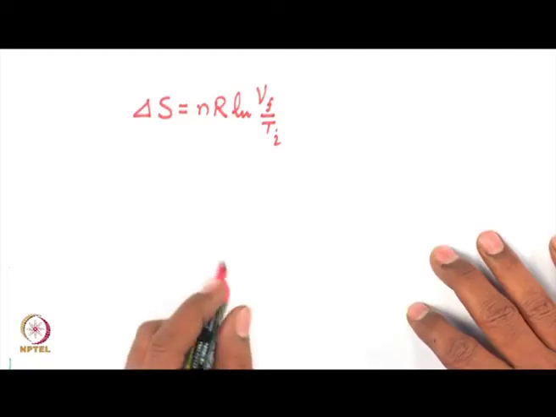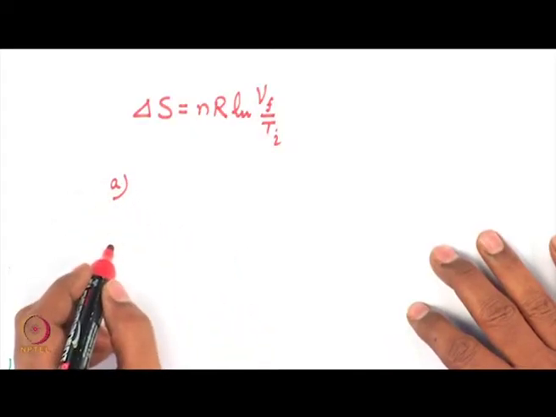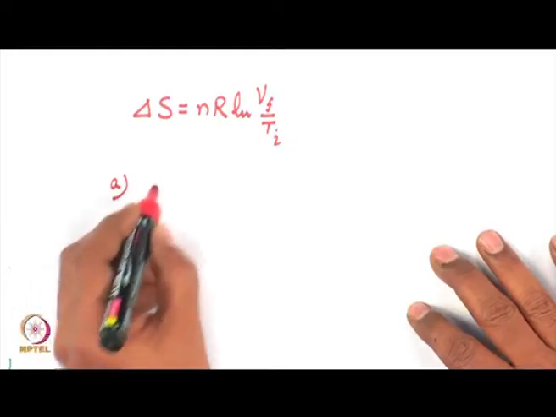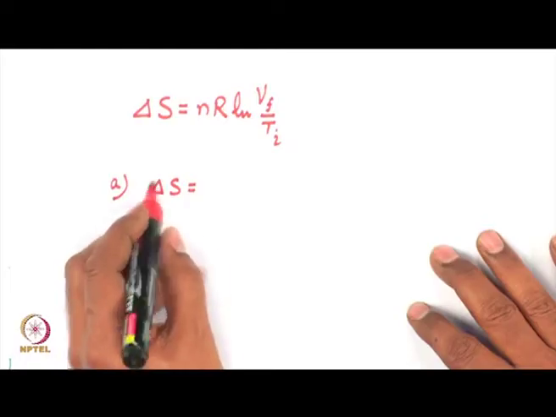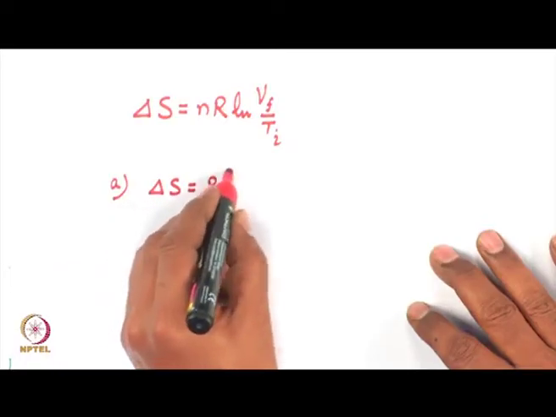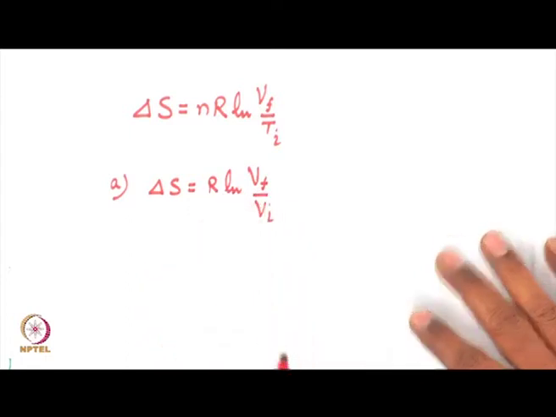That I have to use as long as it is isothermal. Therefore, for answering part A, N is equal to 1. So, delta S will be equal to R log V final over V initial.